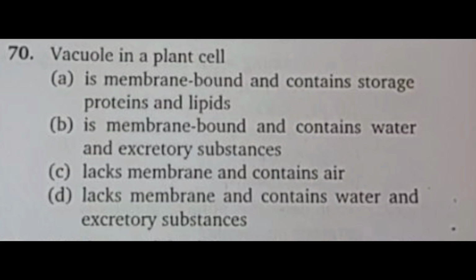The options are: is membrane bound and contains storage protein and lipid; is membrane bound and contains water and excretory substance; lacks membrane and contains air; lacks membrane and contains water and excretory substance. And from this, the right one is option B, that is vacuole is membrane bound and it contains water and excretory substance.